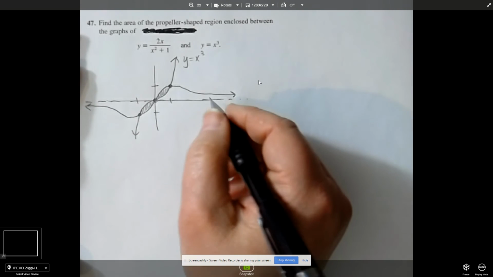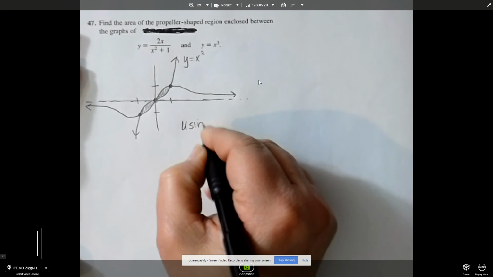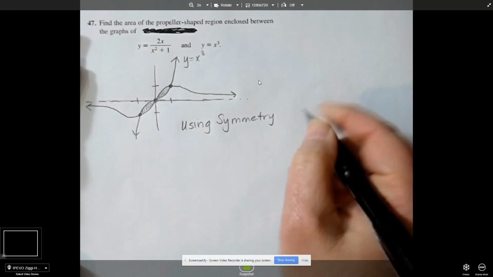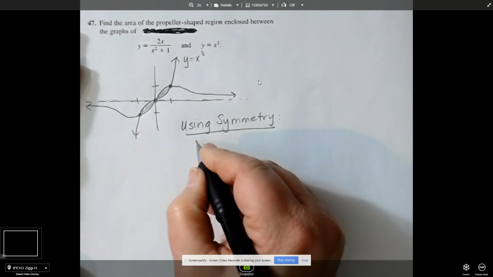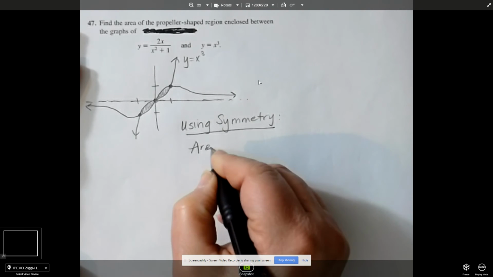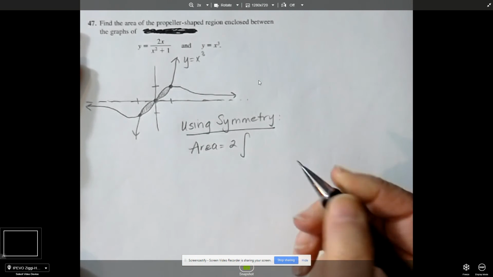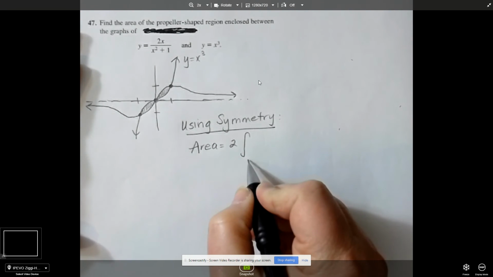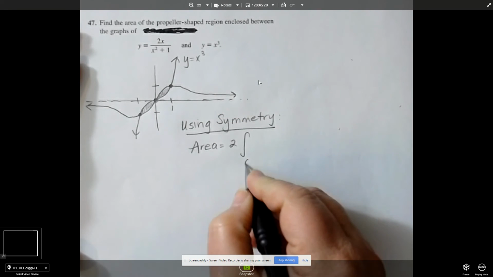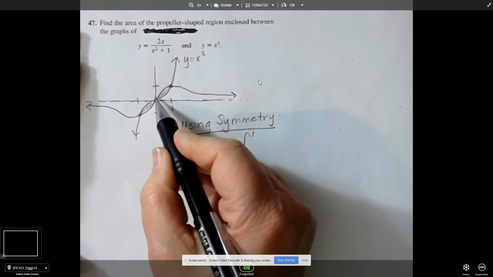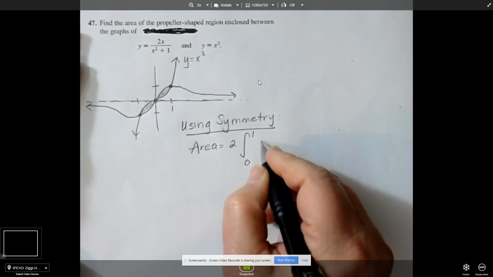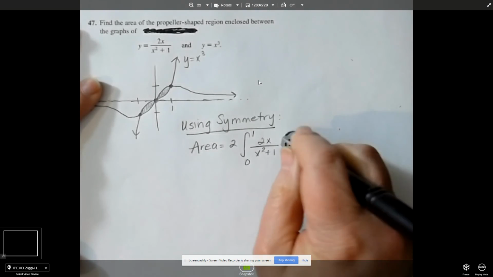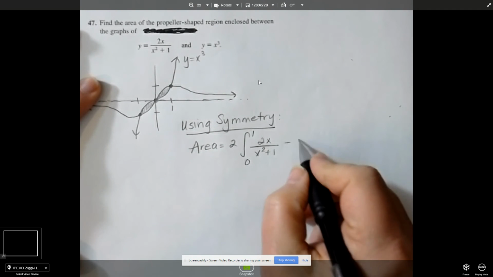And once again, I'm going to use symmetry. So I can say, using symmetry, the area is 2 times the integral from 0 to 1 of the upper function, which appears to be 2x over x squared plus 1, minus x cubed.